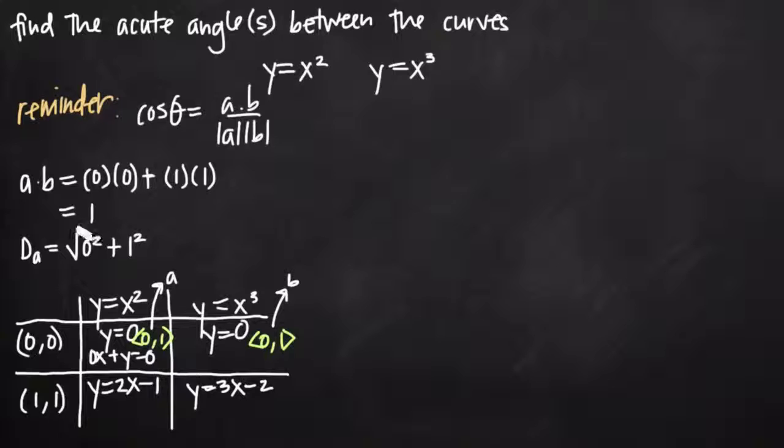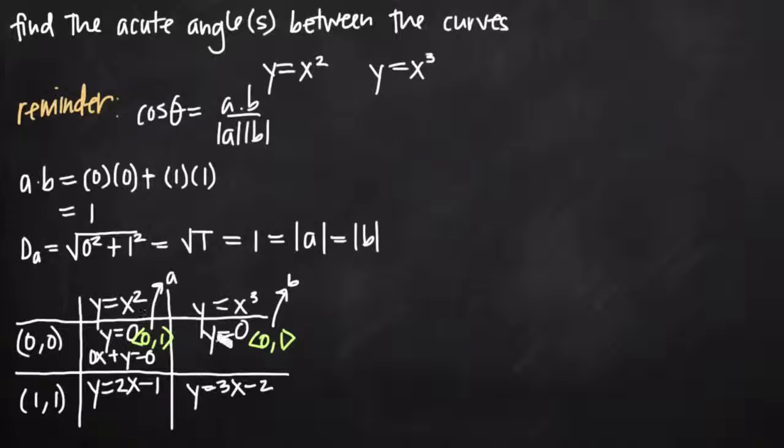So 0 squared plus 1 squared, I take the square root, I get the square root of 0 plus 1, or just the square root of 1, and that's equal to a positive 1. That is the magnitude of A. Because my vectors are equal, it's also the magnitude of B.